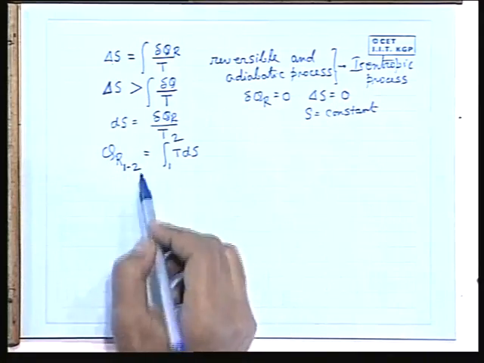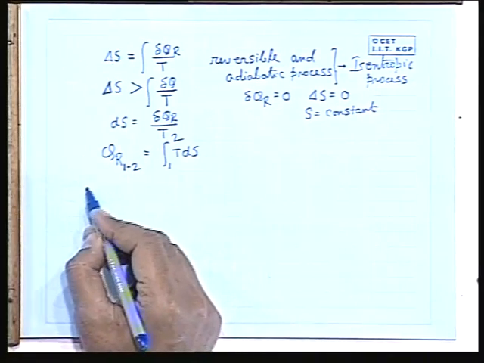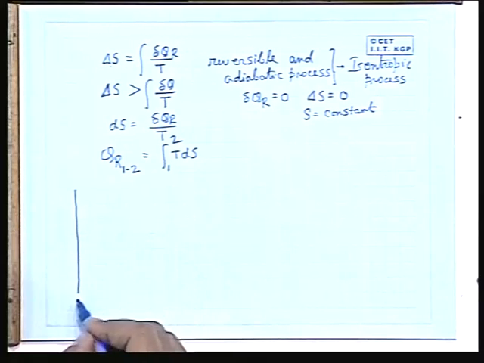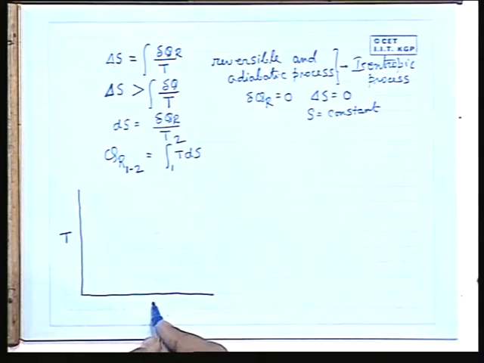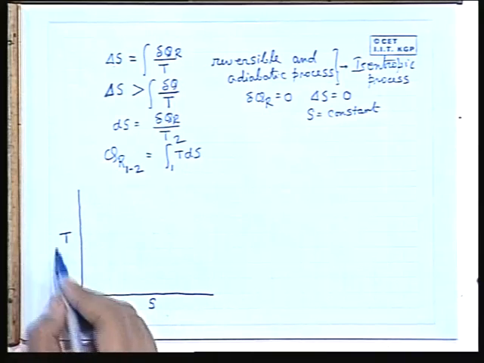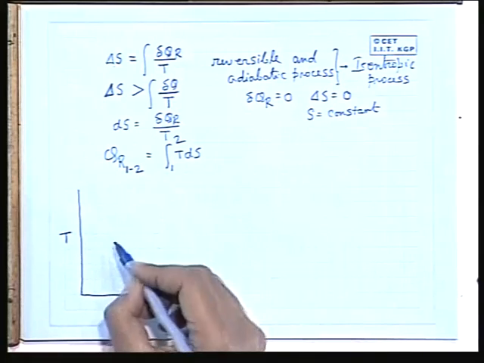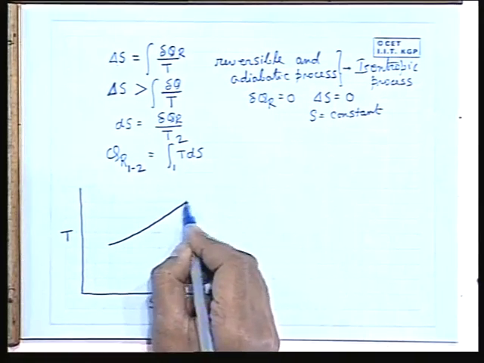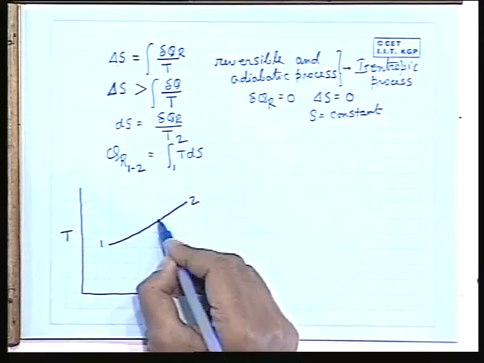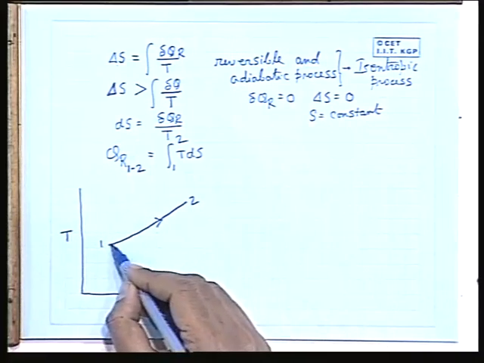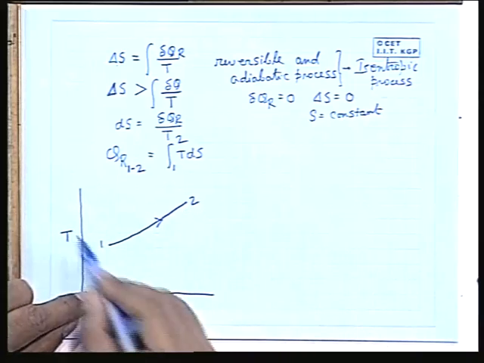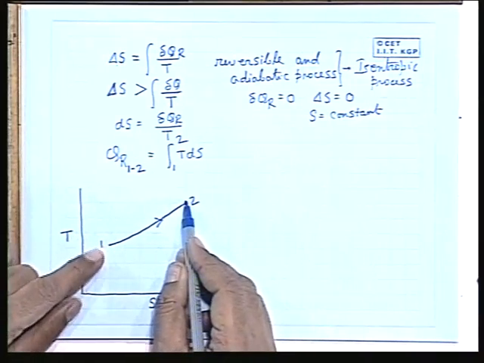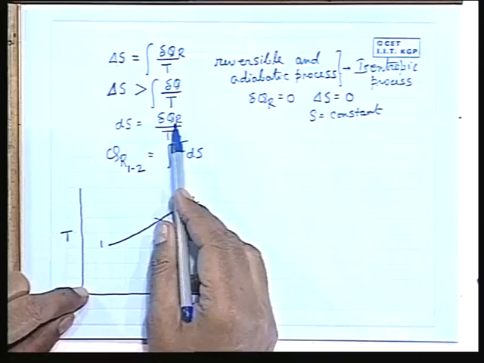This is a useful relation. If we represent a reversible process in a TS diagram, where T is the temperature and S is the entropy, and the process goes from 1 to 2 with entropy and temperature increasing, it is a reversible heating process where delta Q R is greater than 0.